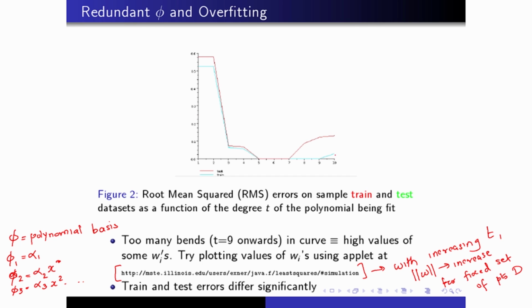The other implication can be seen in this figure. So as you increase the degree of the polynomial, we not only find that the weights increase, but in fact the train error decreases. It's just because you have more degrees of freedom.